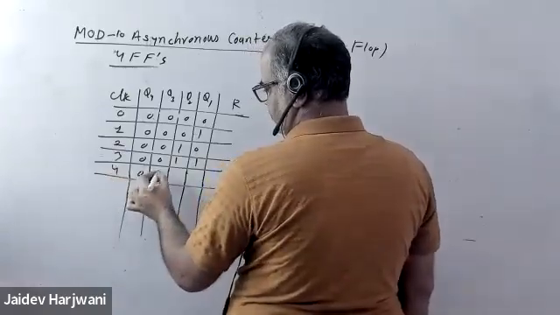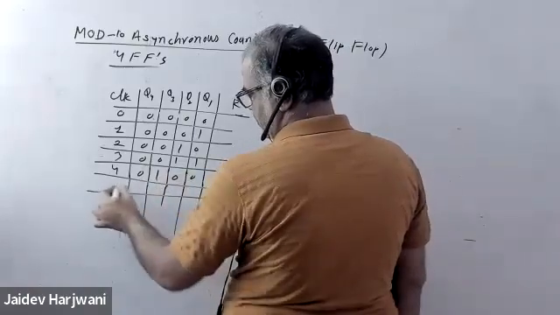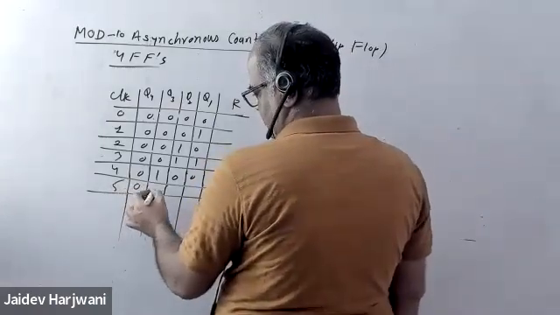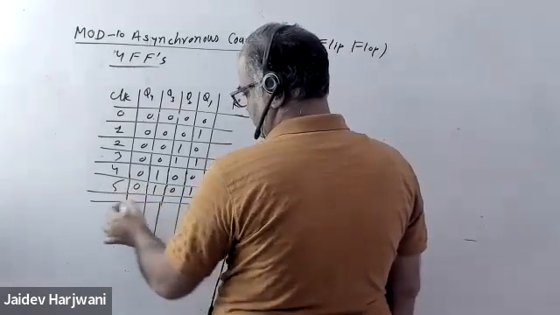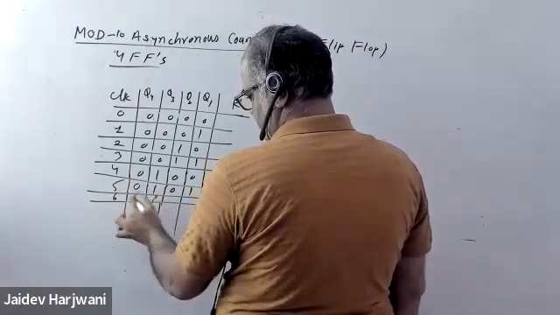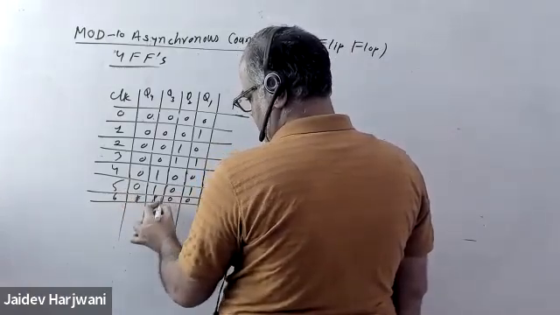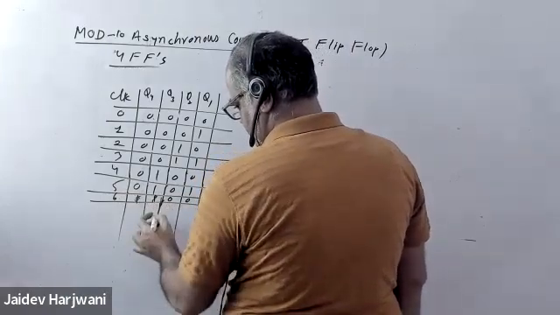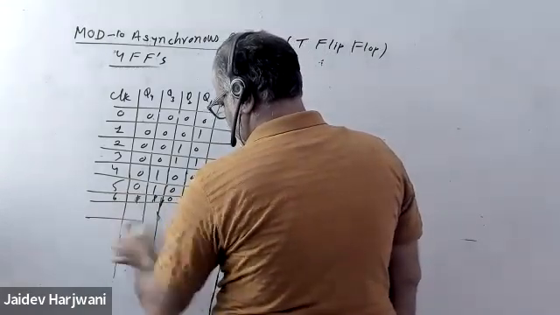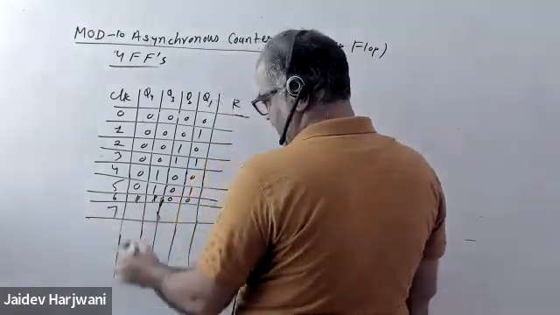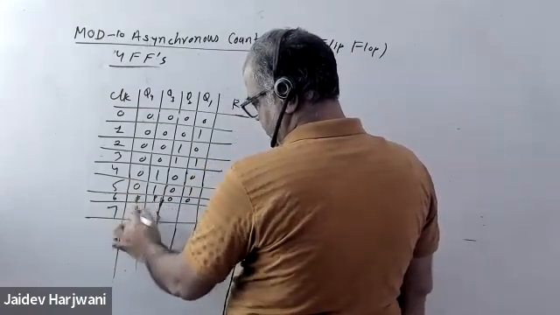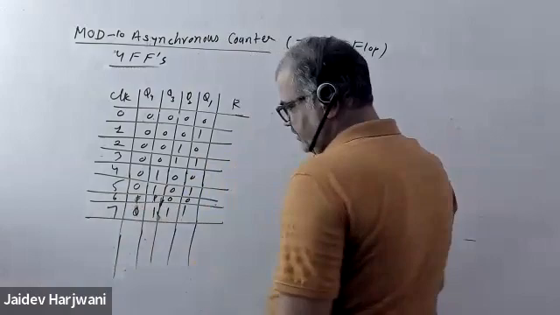Clock 4, 0 1 0 0. Clock 5 should be 0 1 0 1. Clock 6 should be 0 1 1 0. Clock 7 should be 0 1 1 1.